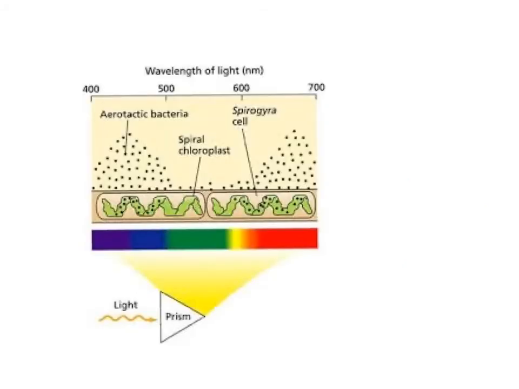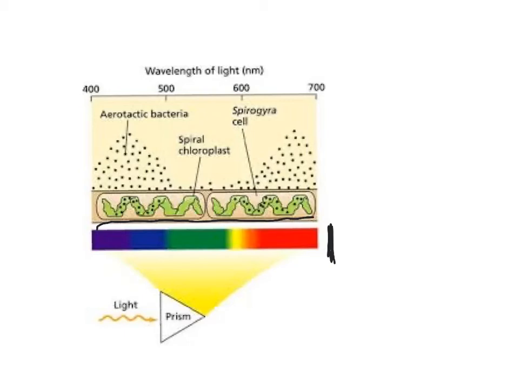as shown here. So what you can see is that we've got the white light being shone through the prism. And so then you've got all of the different wavelengths of light hitting the algae.